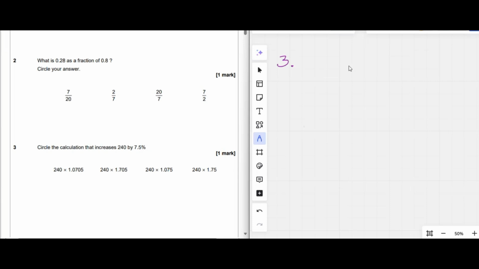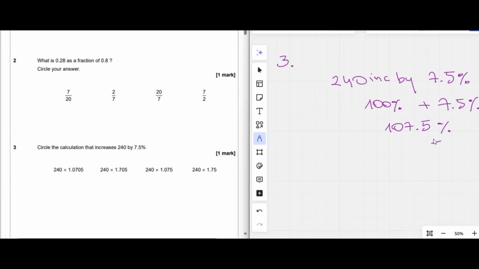Execute a calculation that increases 240 by 7.5%. So we will have 100% plus 7.5% together being 107.5%.